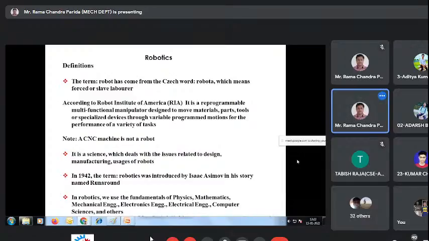Get it or not? That is, a robot is a reprogrammable multifunctional manipulator basically used to move materials, parts, tools, or devices through a programmed motion.